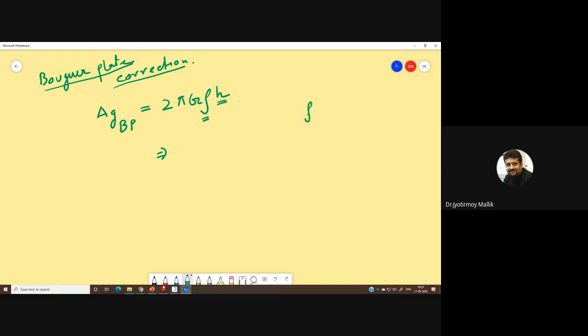So if you put a density in kg per meter cube, then you will find that the value of delta G BP is 0.419 into 10 to the power minus 3 rho. So rho you have to insert in kg per meter cube. Okay, milligal into 10 to the power minus 1.